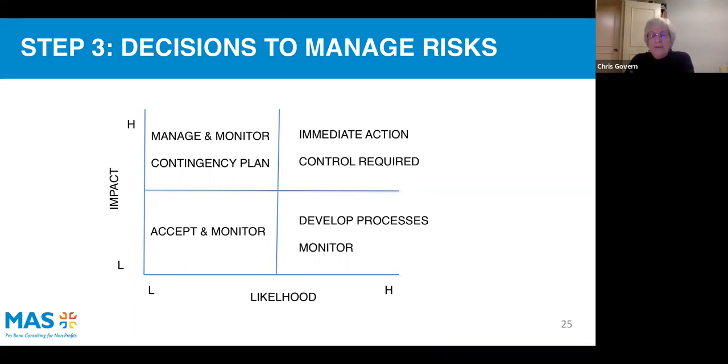So if I have a risk that I think is highly likely to happen and is going to have a highly negative impact on the organization, that puts me up in that top right corner, the board needs to step in. The board needs to step in and make sure something is done that either lowers the likelihood it's going to happen or lowers the impact if it does happen.